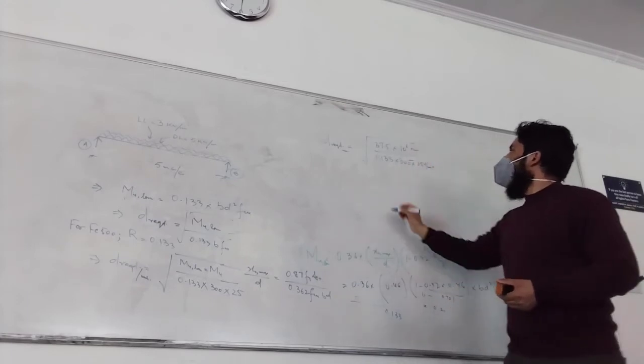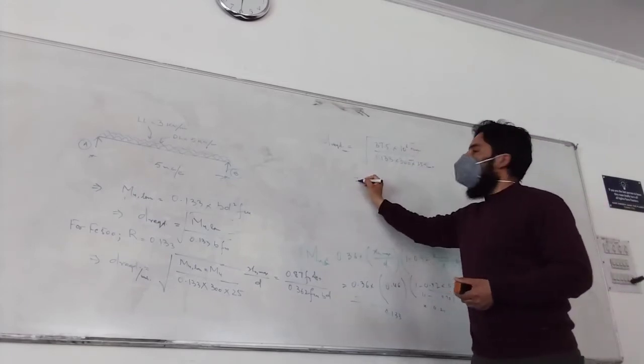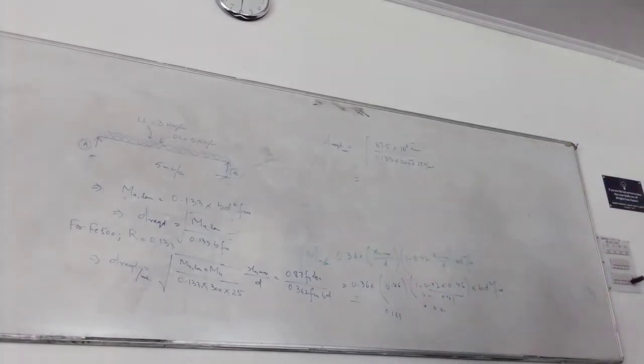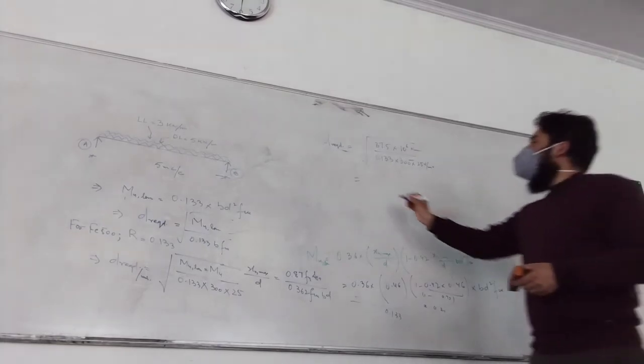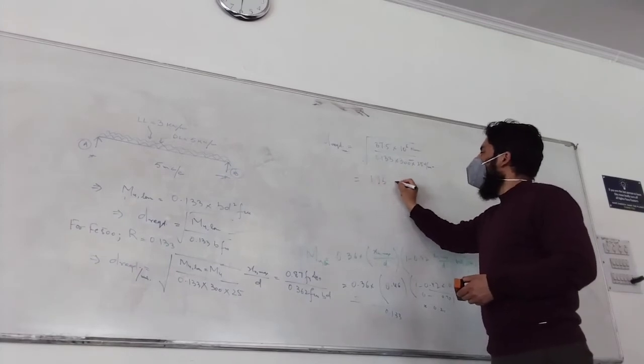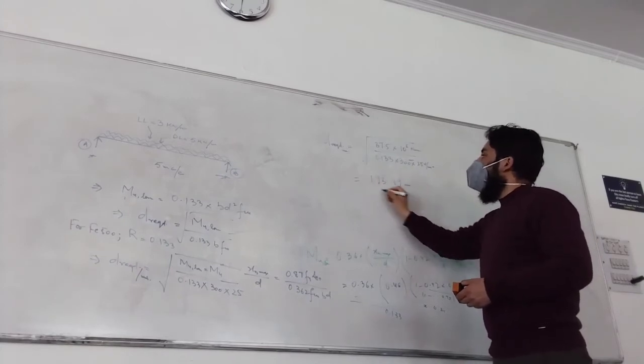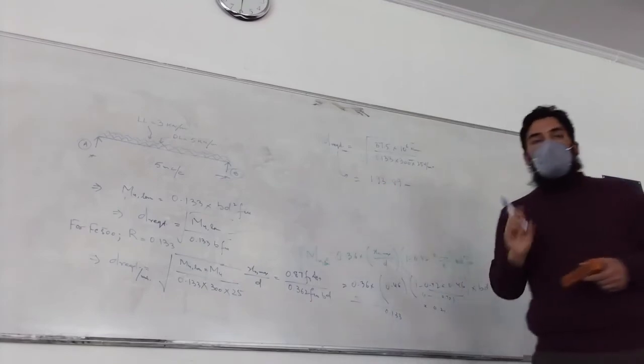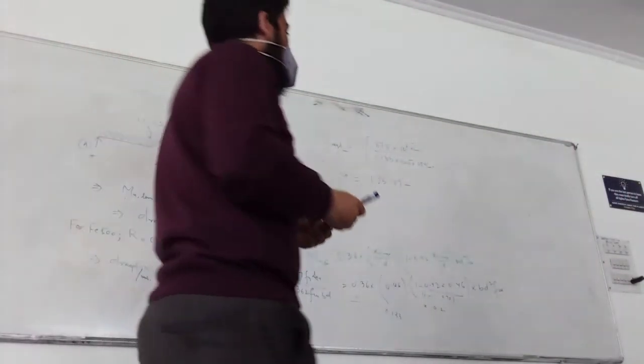So I converted all units into one. Now what will be the value of D minimum from this equation? 193.89 mm is your D minimum. So at least you have to maintain D minimum 193.